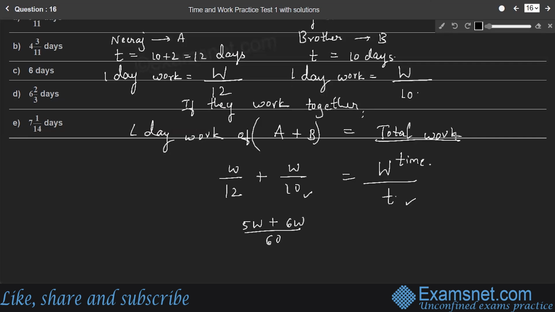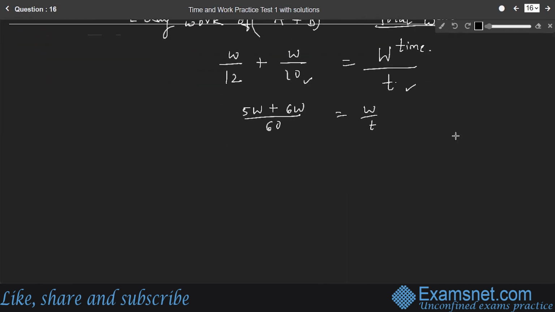So it becomes 11W by 60 is equal to W by T. W and W will get cancelled. So T is equal to 60 by 11.